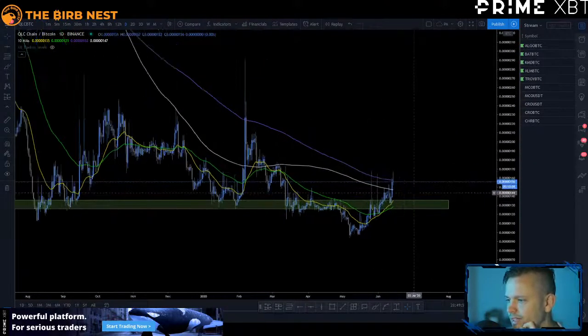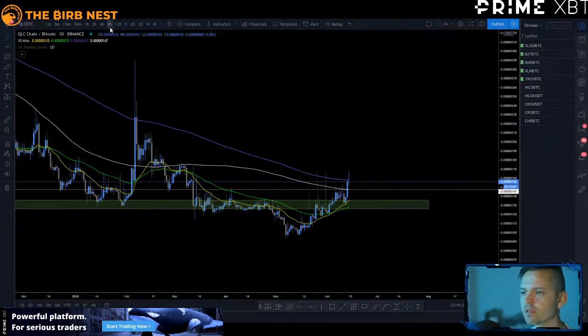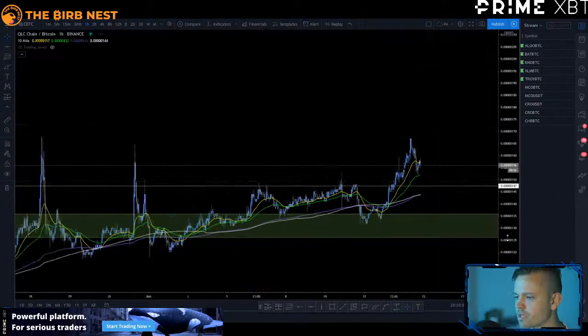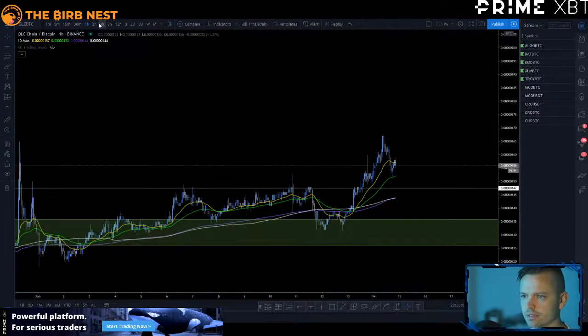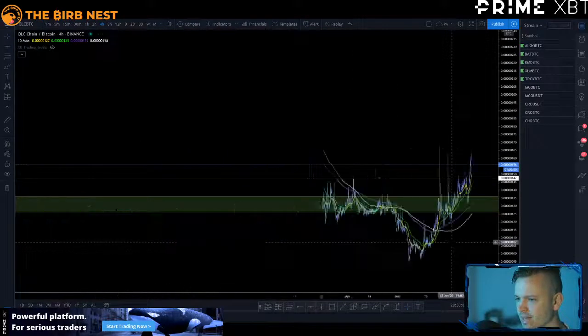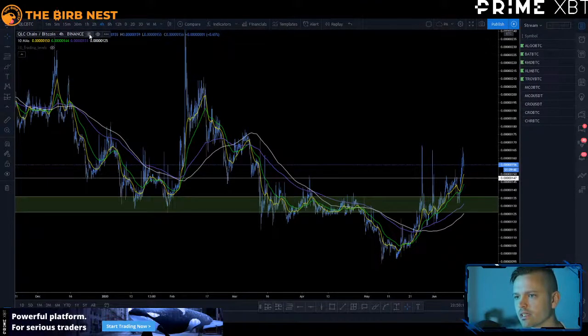Now we are fighting the 200 simple here and the 200 EMA. So I'm going to go down into hourly to see if we can get a possible entry here. The 4 hour, I do really like this area as a potential entry, so I'm going to move this into my green list, and I'm going to take a closer look at it after the stream, probably.